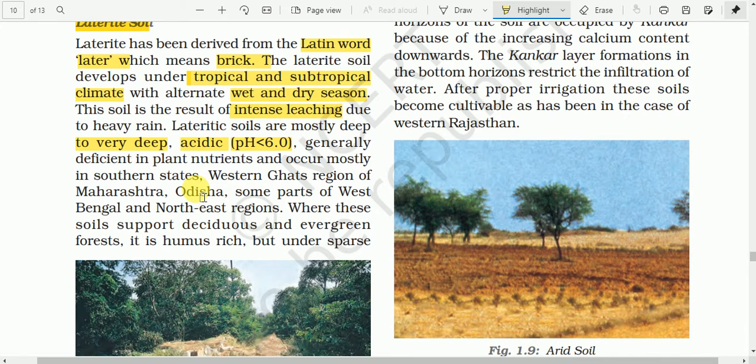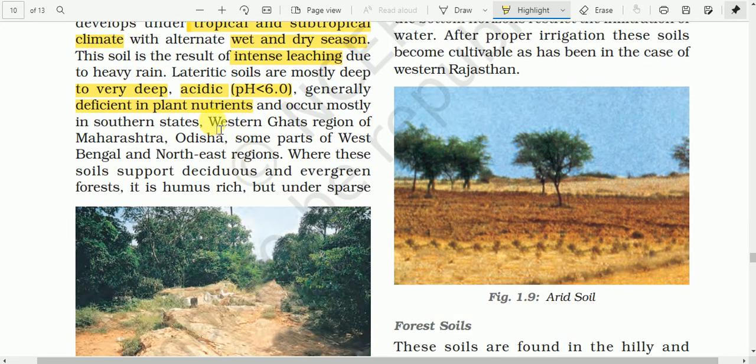Number one, laterite soils are deep to very deep, then acidic, and generally deficient in humus, and occur mainly in the southern states, then the Western Ghats region of Maharashtra, then Orissa, part of West Bengal, and the northeastern region.